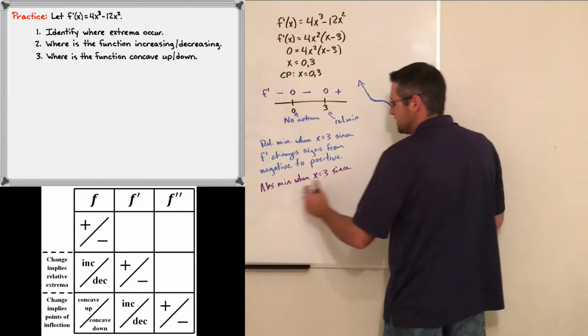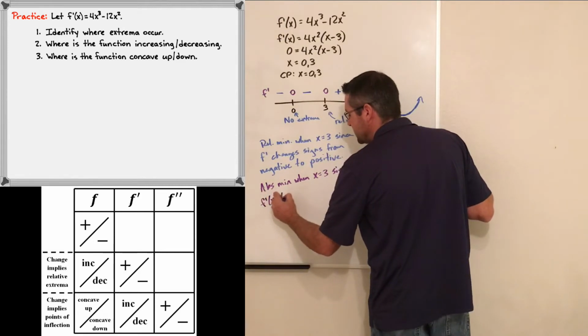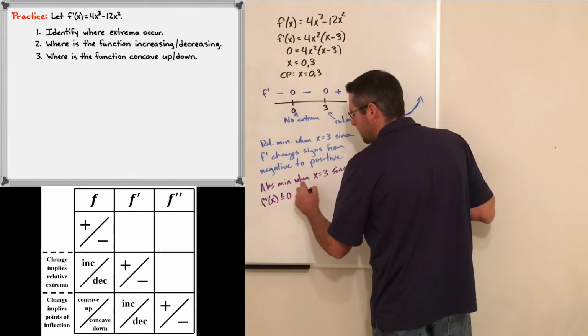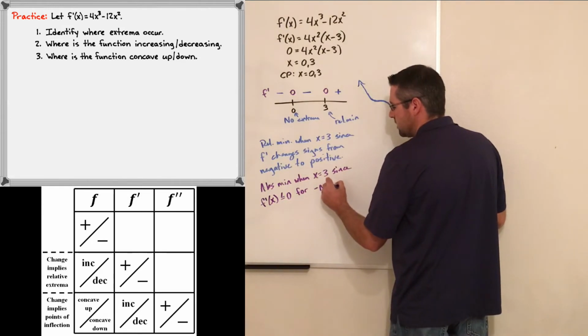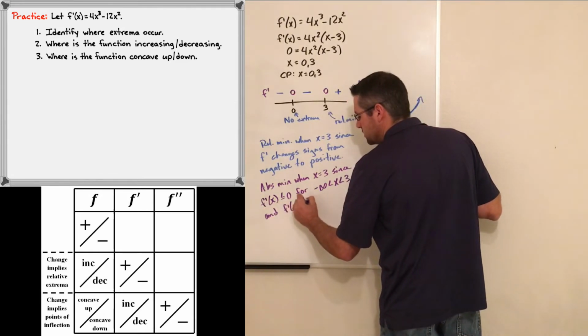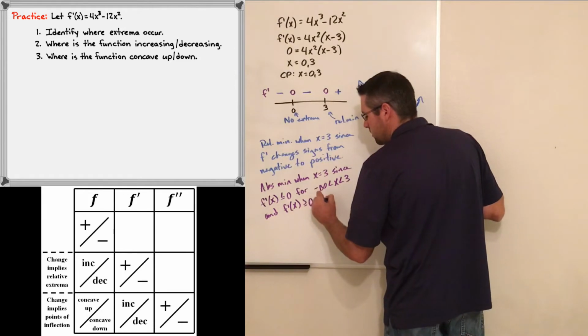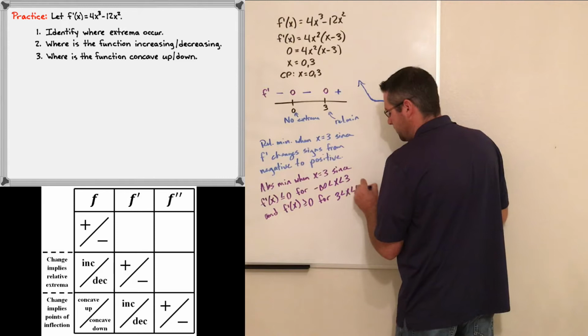We would say since f prime of x is less than or equal to 0 for the interval negative infinity less than x less than 3, and f prime of x is greater than or equal to 0 for 3 is less than x is less than infinity. Okay?